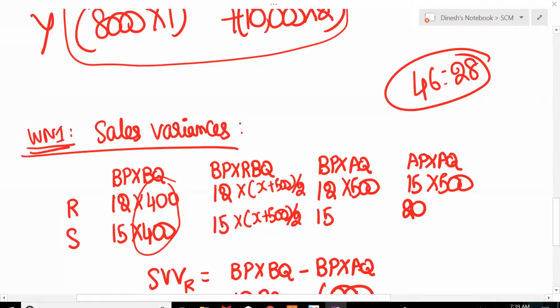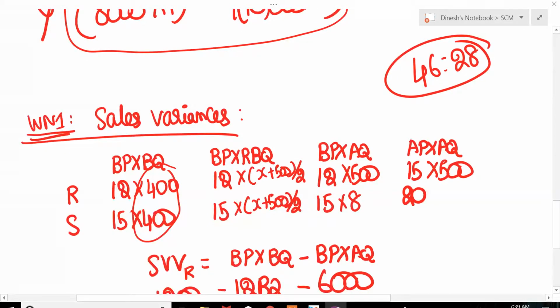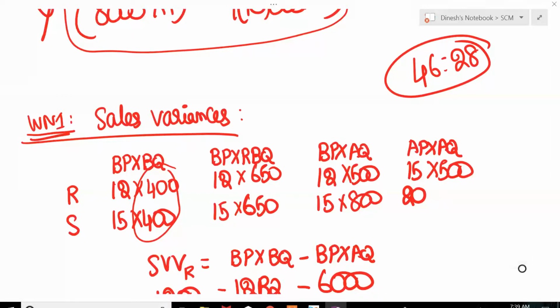So this was 800. This will be 650, 650. 500 plus 800 in the ratio of 1:1. If you have noted it as x, then please recreate the table and write this.